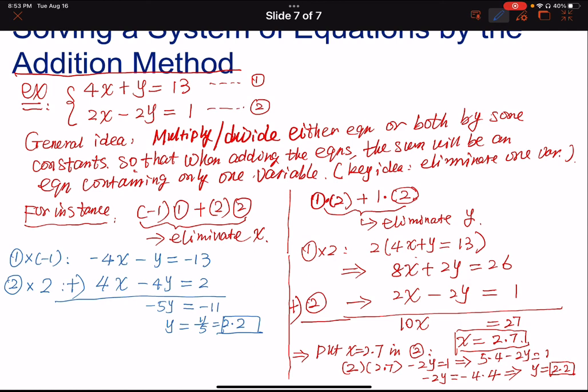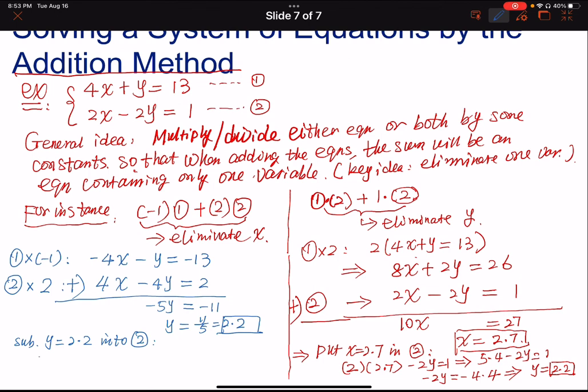And then next you substitute y equals 2.2 into equation 2. Again, the idea is you choose the equation so that it's easier for you to solve for x.